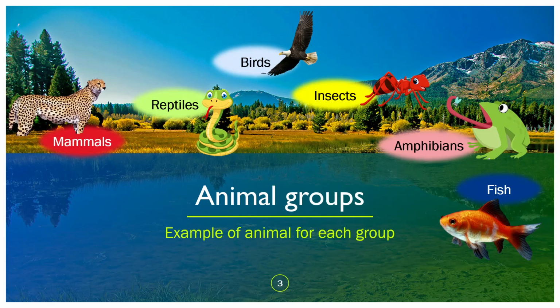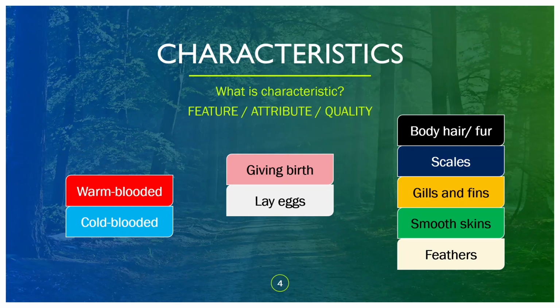Okay. And the eagle is a bird, and ant for the insects group. Amphibians, I put frog there. Also there's a goldfish there for the fish. Alright, let's go to the next.